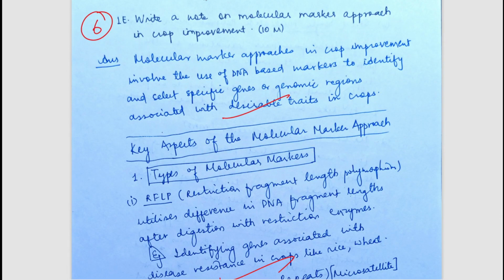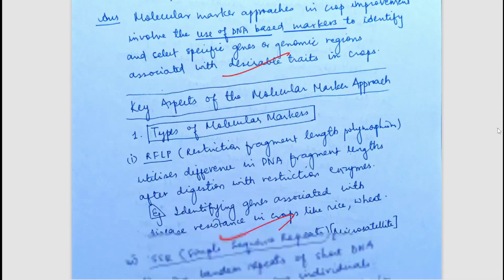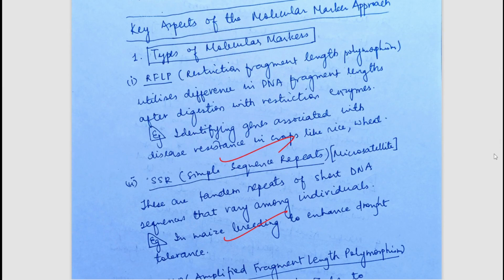The next question was, write a note on molecular marker approach in crop improvement. So what is molecular marker approach? Here there is the use of DNA based markers to identify and select specific genes or genomic regions associated with desirable traits in crops. Now what are the key aspects of molecular markers?